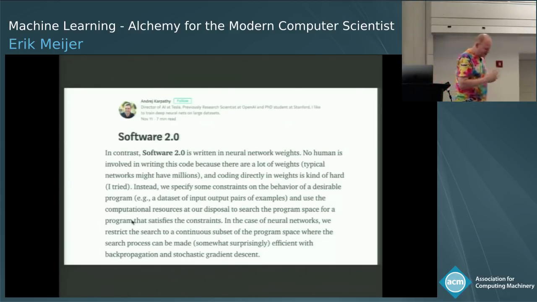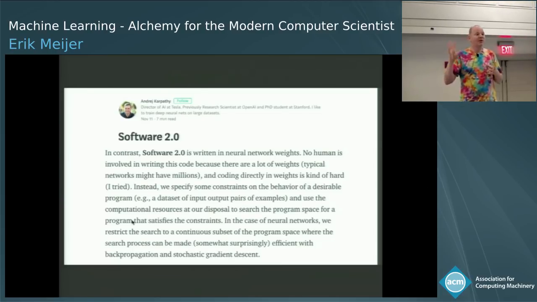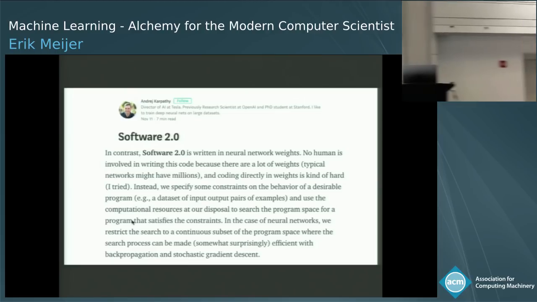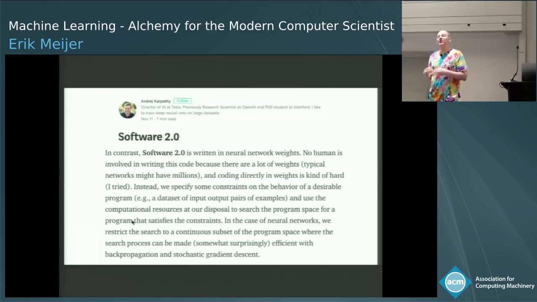So, what's next? Well, what's next is what people call Software 2.0. There's this blog post, and what Software 2.0 does is that it takes another approach, where you specify your program in an intentional way.